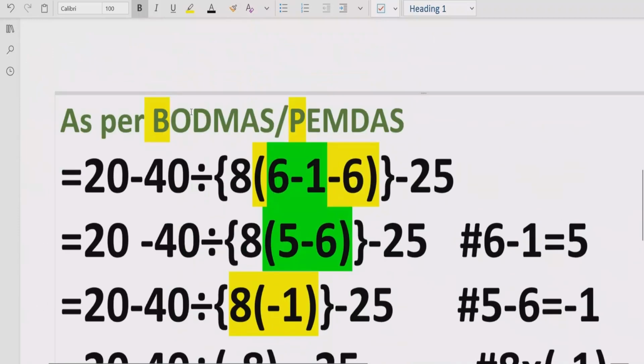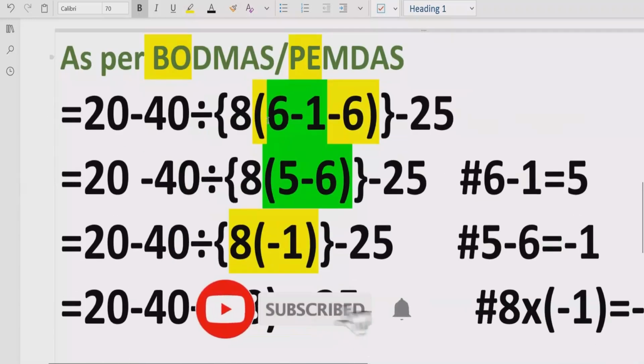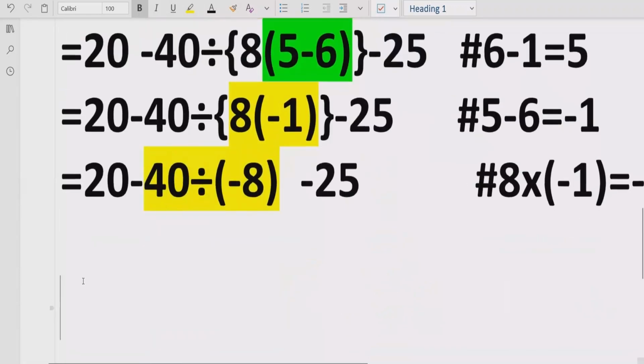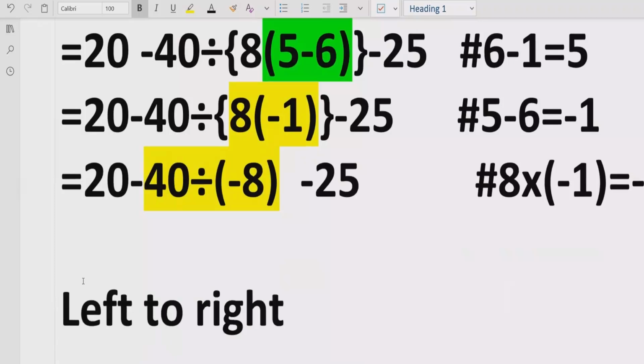Now we have to solve the exponent part in this expression. In this expression, we do not have any exponent part, so we can skip this one. Now we have to solve the division and multiplication, or you can say multiplication and division. So we have here this division, which is 40 divided by minus 8. We have to go left to right and find out which is coming first.